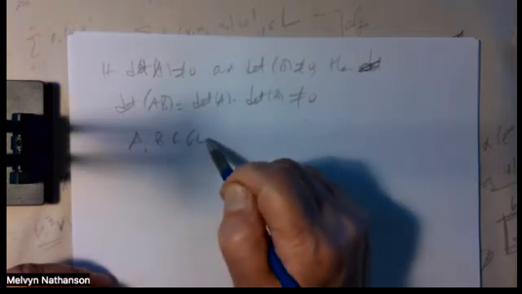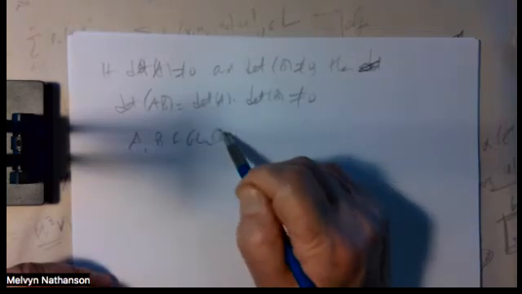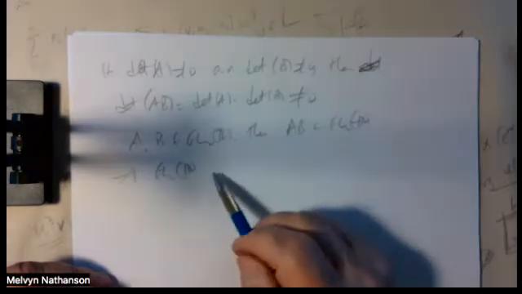Therefore, if A and B are in GL2R, then the product AB is in GL2R. So GL2R is closed under matrix multiplication.